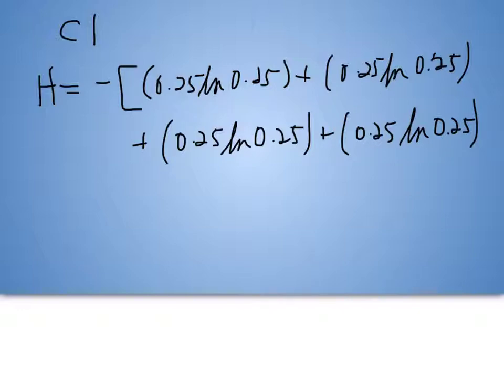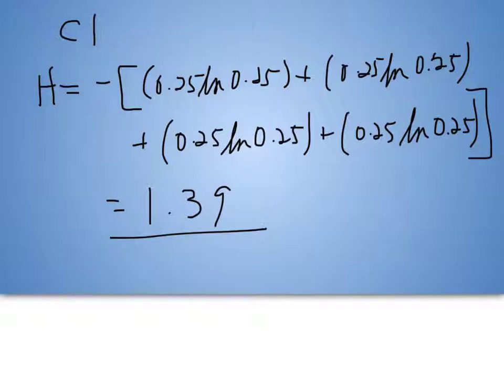Great. And our brackets. If we were to use our calculator to quantify the diversity index for community 1, we would come up with a final number of, drum roll please, 1.39. And so that's our diversity index for community 1.